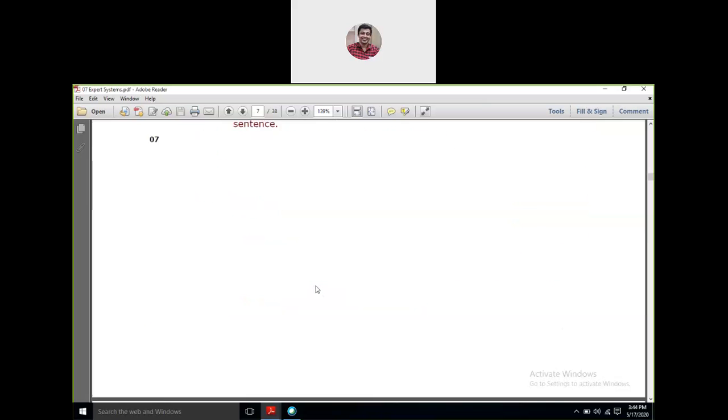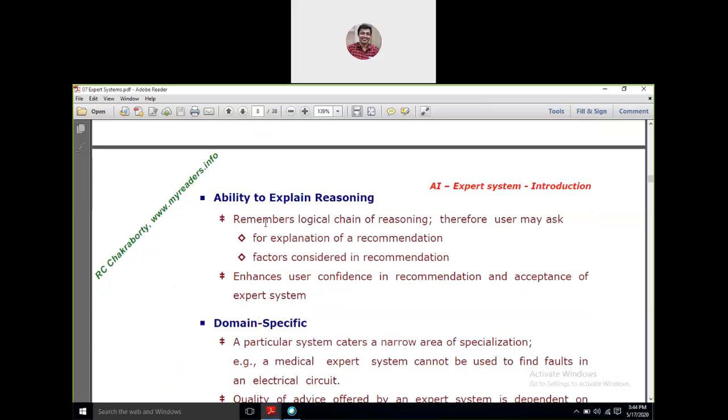It has the ability of reasoning, it remembers the logical chain of reasoning, and therefore the user may ask how you have come to a conclusion or a decision that this is what you have to do or don't have to do, right?